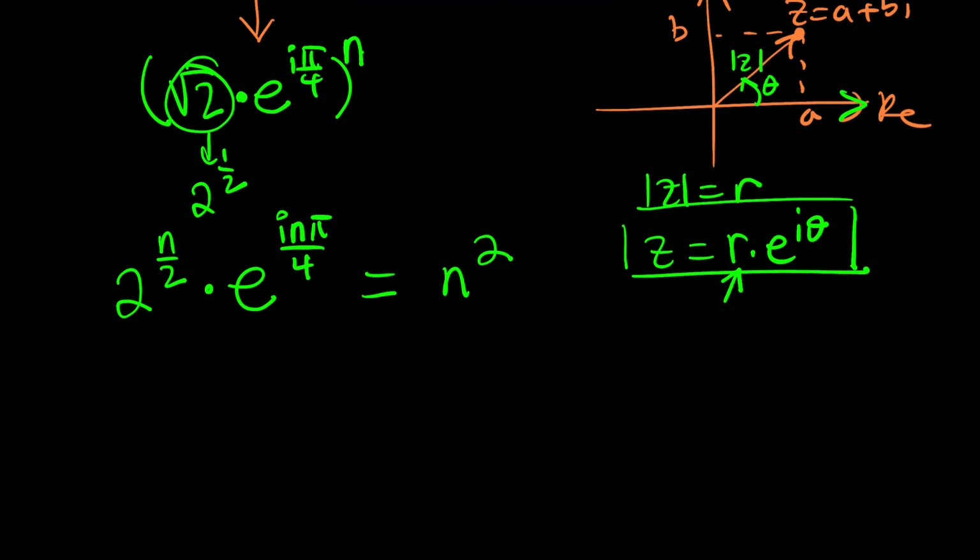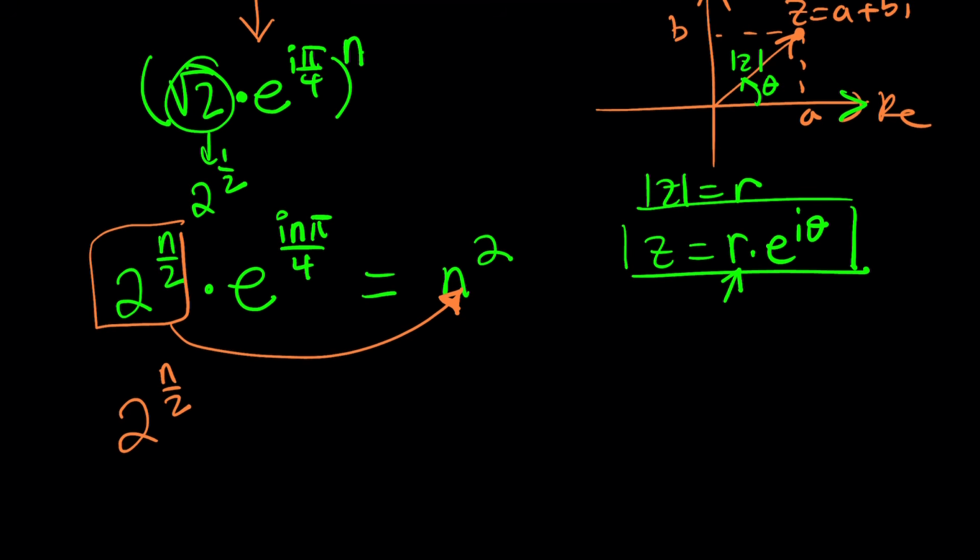Obviously n² is the modulus of n². So the moduli need to be equal to each other, in order for two complex numbers to be equal. So in this case, we have 2^(n/2) = n².